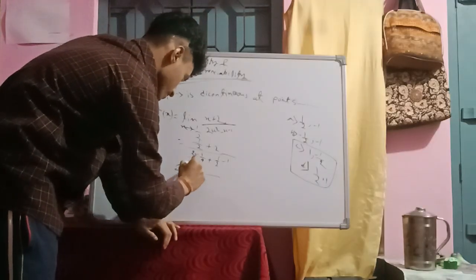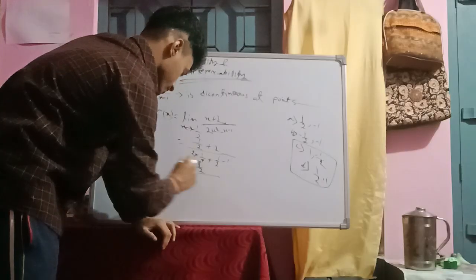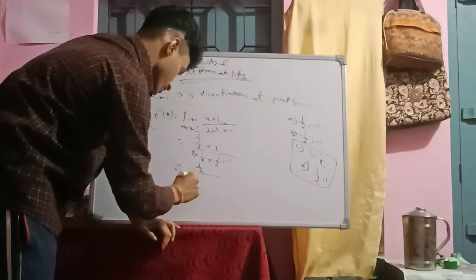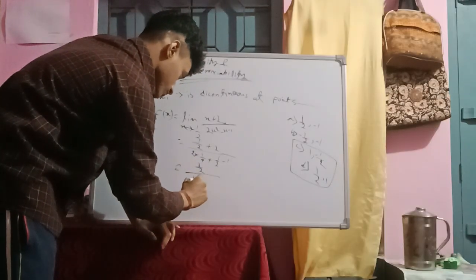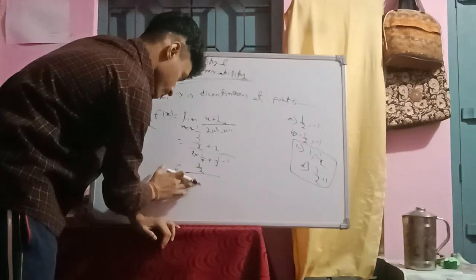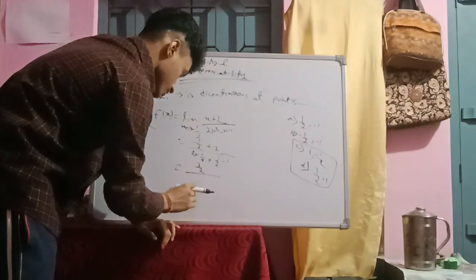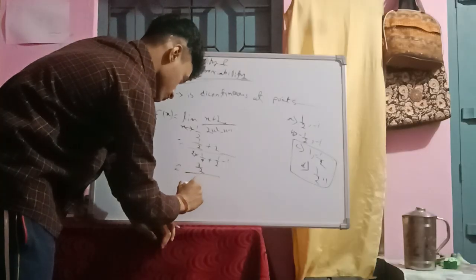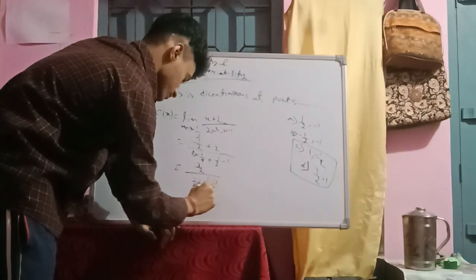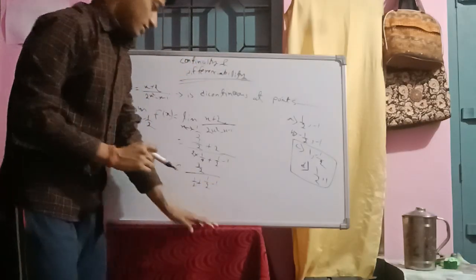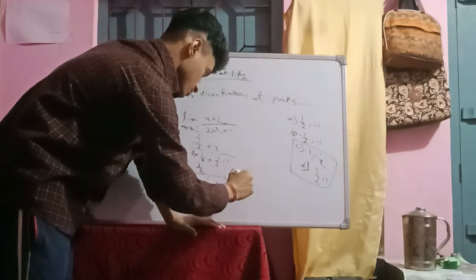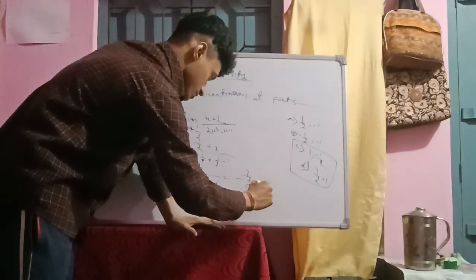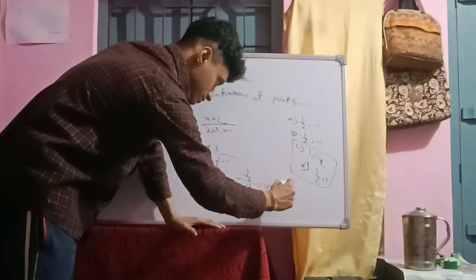This would become, in the numerator we're going to have 3 over 2, and in the denominator we would have 1 over 2 plus 1 over 2 minus 1. So at this point as well, we have 3 over 2 over 0, that is undefined.